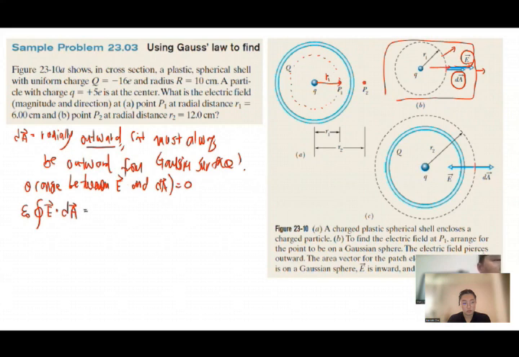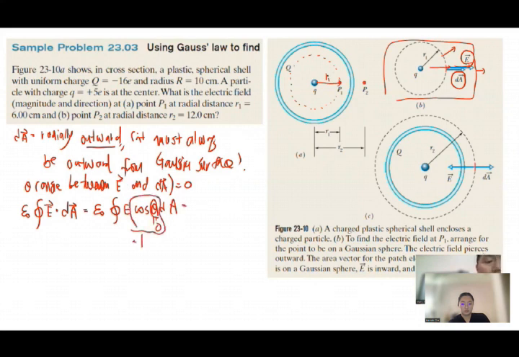So that is epsilon naught times the integral of the electric field dot dA. The dot product can be expressed with cosine theta dA. Here theta equals 0, so cosine theta is equal to 1.